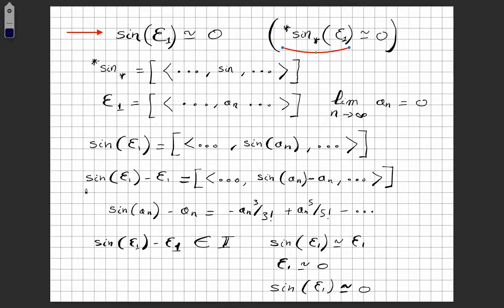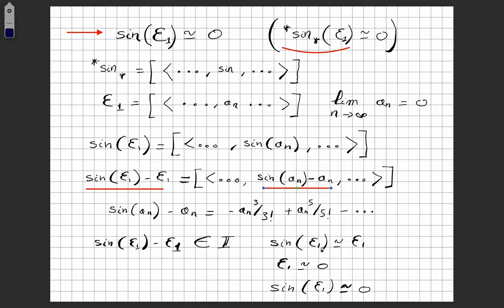And so what I can do now is compare sine of epsilon 1 with epsilon 1 by looking at this equivalence class of the sequence which is sine a_n minus a_n. And I can use, for example, the Taylor expansion of sine a_n to see that whatever is left here is converging to 0 as n tends to infinity. And so that tells me that sine epsilon 1 minus epsilon 1 is an infinitely small, an infinitesimal number.